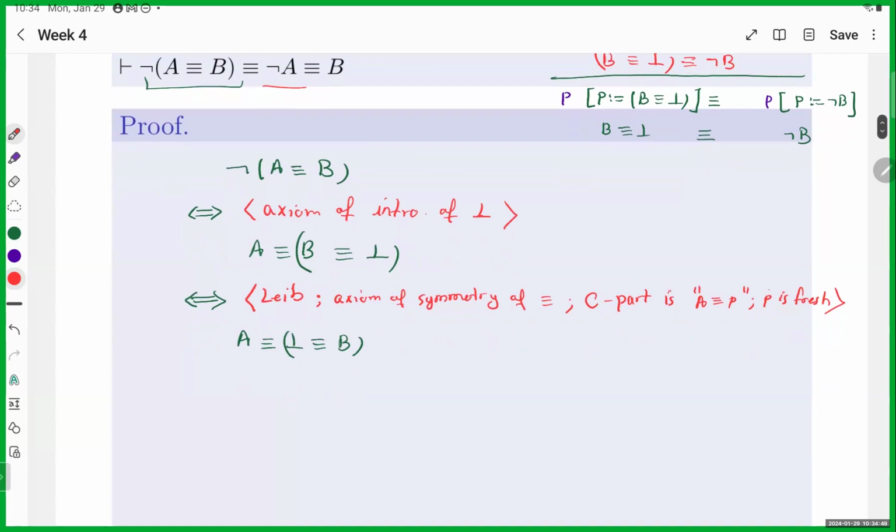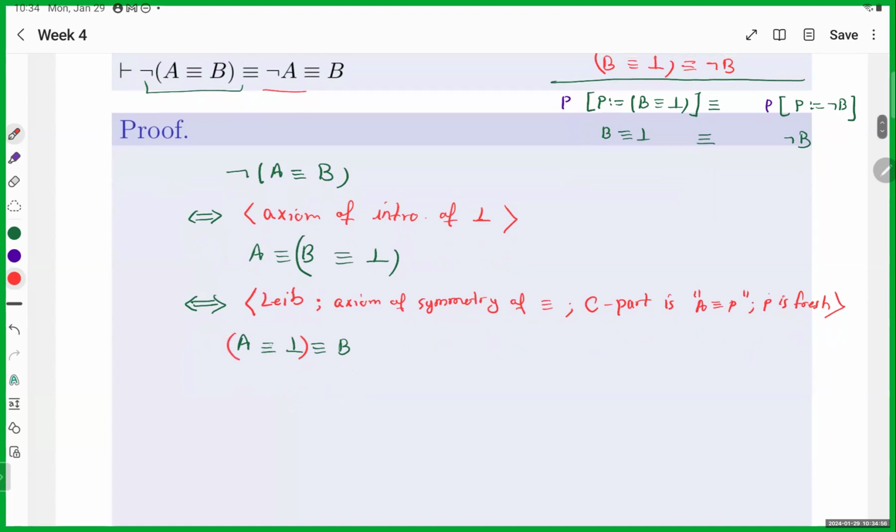Now that we have done this, we know that the brackets do not matter here. I can take this: A is equivalent to bottom is equivalent to negation of A. So I can replace this with negation of A. I get negation of A is equivalent to B. And here, what did we do?